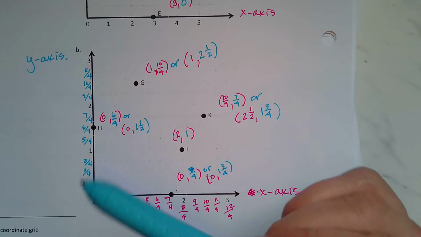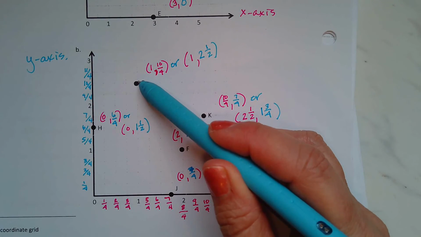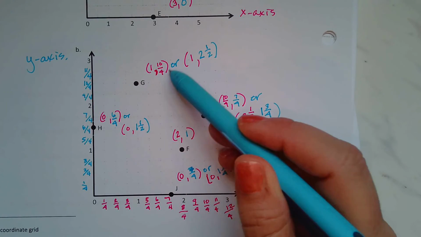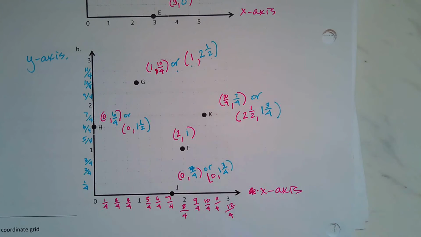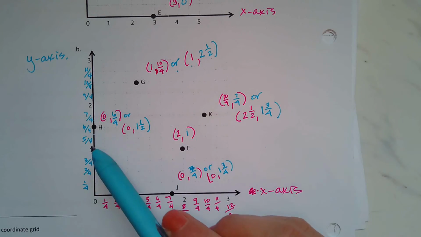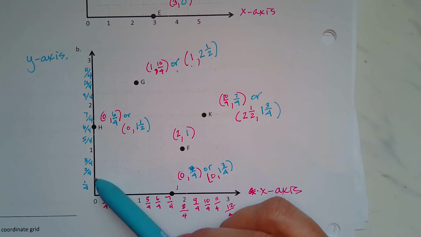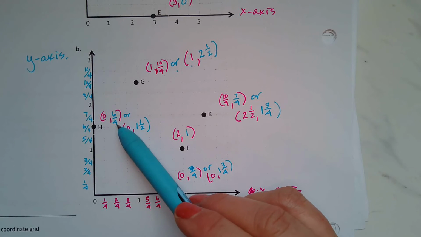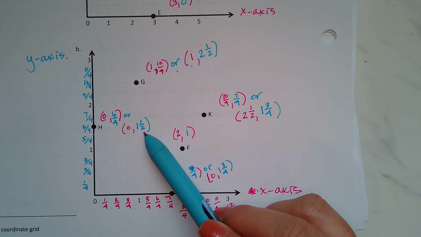G is 1 and 10 fourths. Or you could write 1 and 2.5. H, you're going to start at the origin, go straight up to 6 fourths, or you could write it 0 and 1.5.